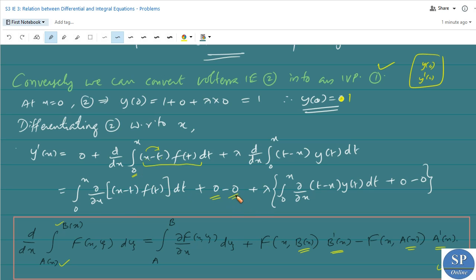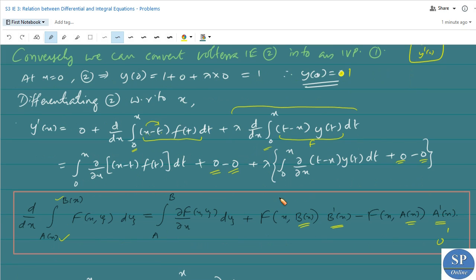So here also 0. Now the second integral is lambda into integral 0 to x of dou by dou x of this, which we have taken as capital F. Here also we have the factor t minus x, so when we replace t by x, we will get 0, and the third term is also 0 because the lower limit is 0.